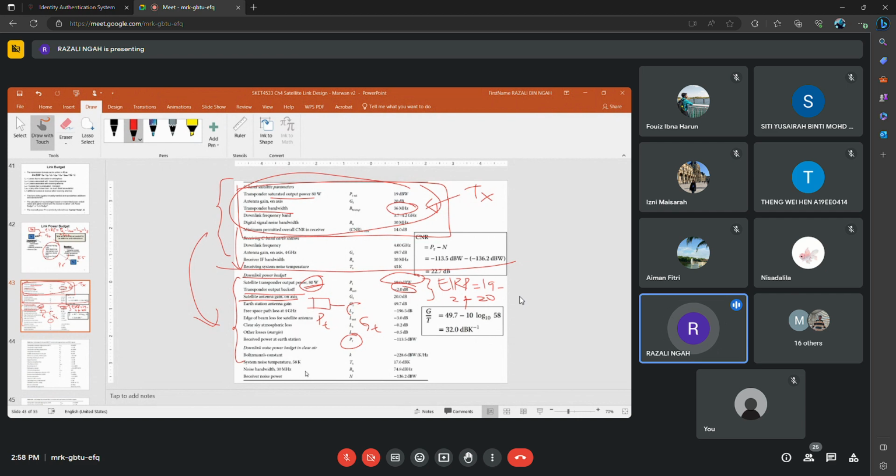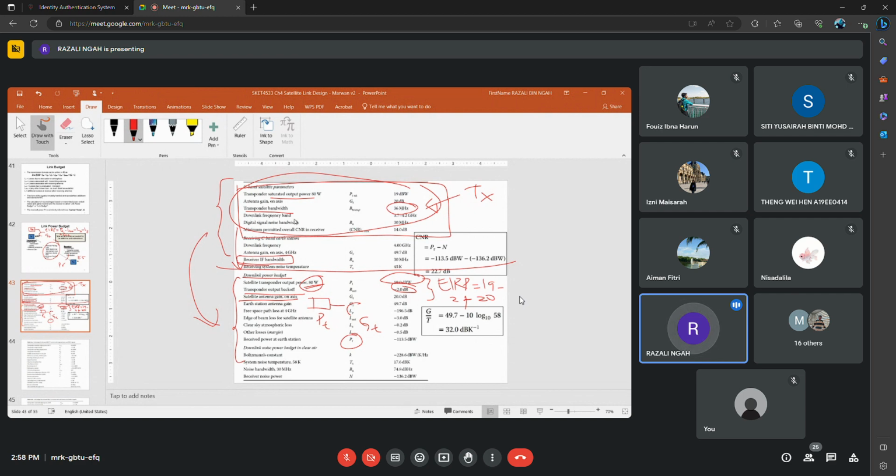But that depends on the receiver bandwidth. Sorry, we need to consider the bandwidth in the receiver, not in the transmitter. So to determine receive power, we don't consider this bandwidth in the transponder or transmitter.